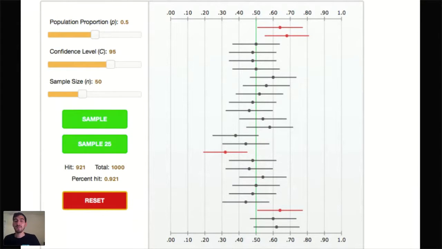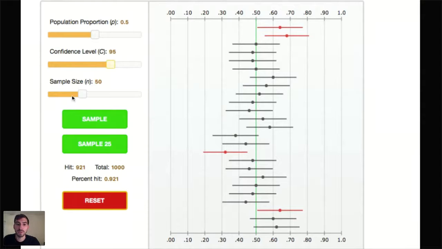Well, if we think back to what we know from sampling, when I increase the sample size, the results of my samples became more consistent. So what I want you to do is take a look at the screen right now and look at where the dots are compared to that 0.50. Look at how spread out they are from the 0.50. Some of them are right on the money. Some of them are way up in that 0.60 range. Some are way down in the 0.30 range. Some are in the 40s.